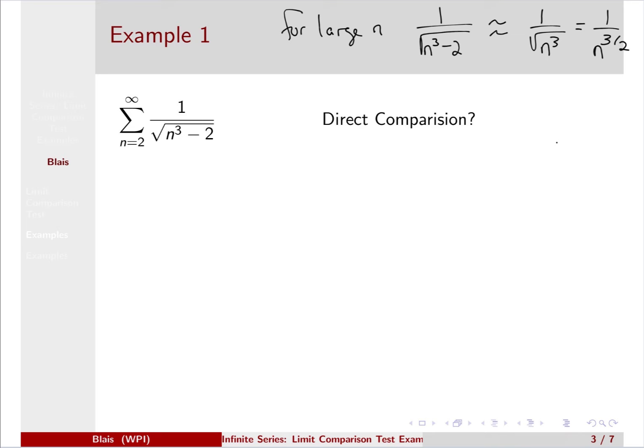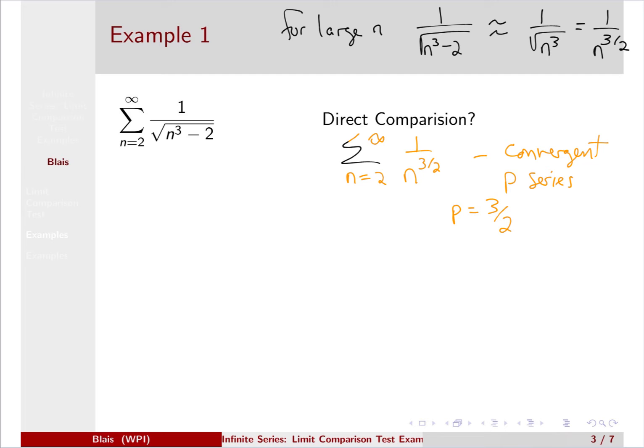And so maybe we can set up a direct comparison with the sum n goes from 2 to infinity of 1 over n to the 3 halves, which we know is a convergent p-series, because the power of n in the denominator here is 3 over 2, which is bigger than 1.